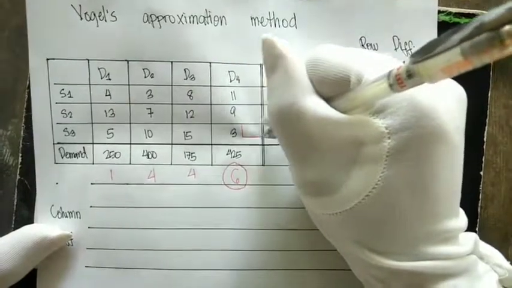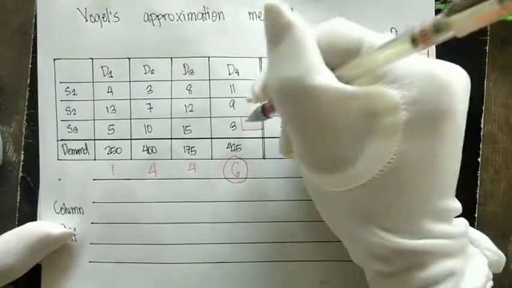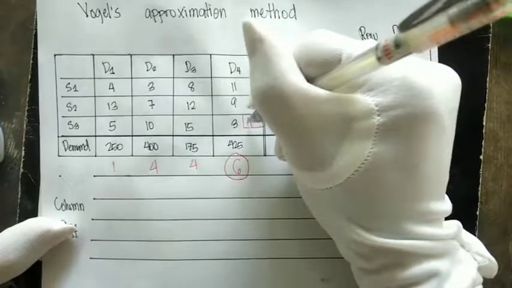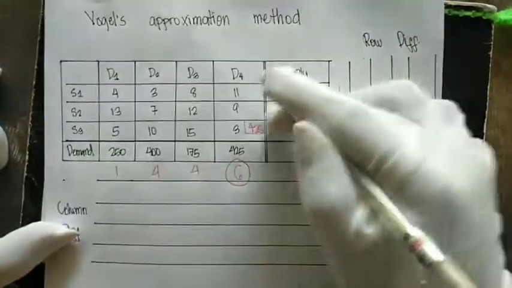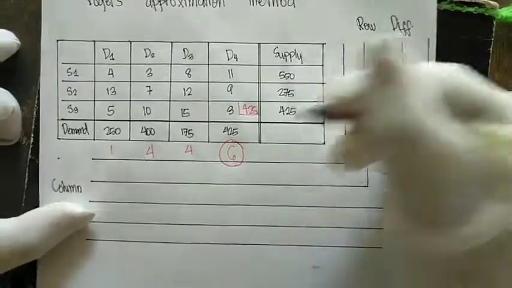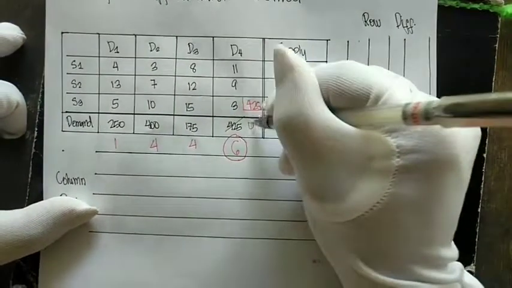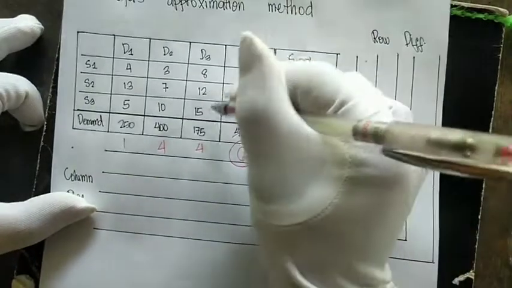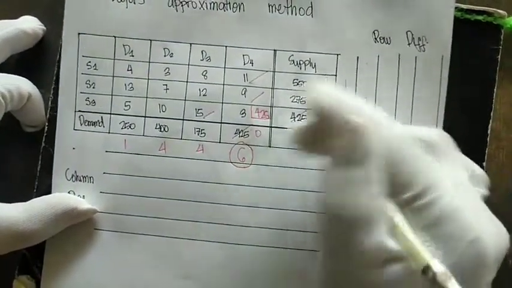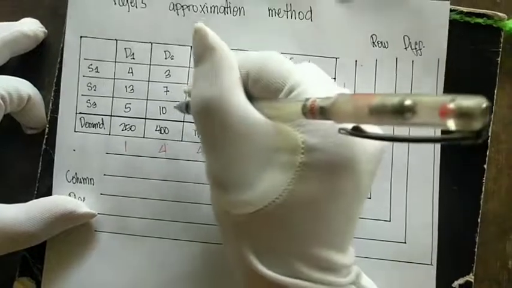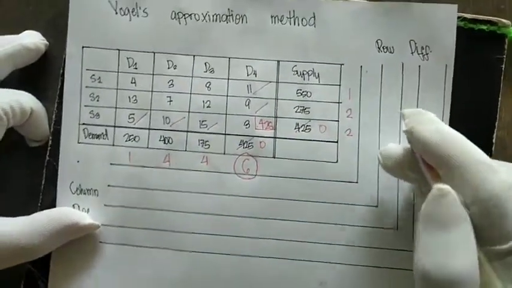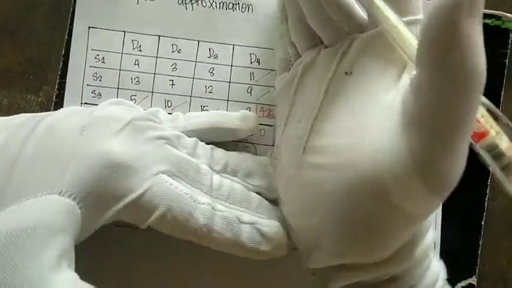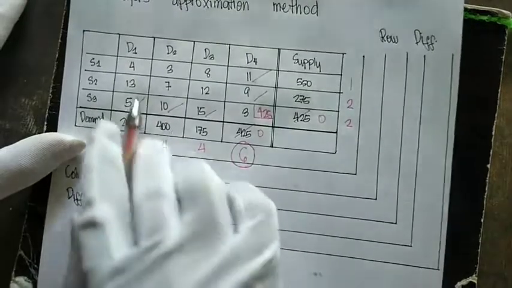Since the demand and supply is 425, we will copy this supply or demand and cancel this, and it remains 0. The entire column will be cancelled out, and the row will also be cancelled out since the row satisfies the needs of the demand. So this will be cancelled.